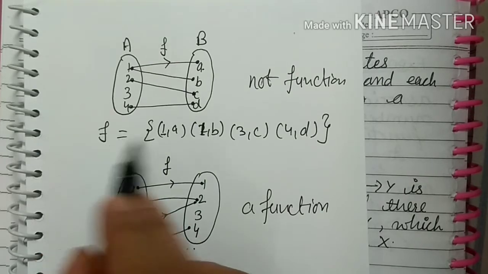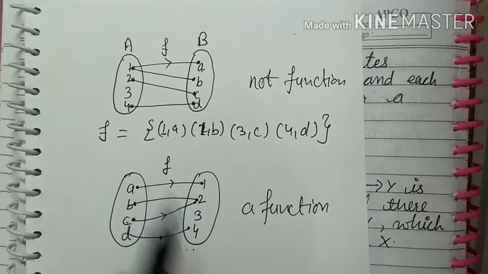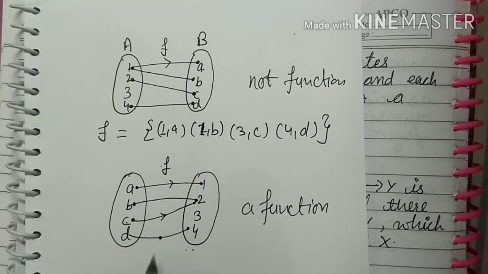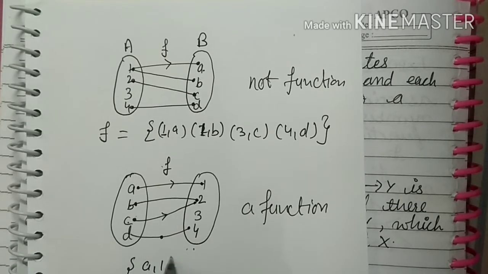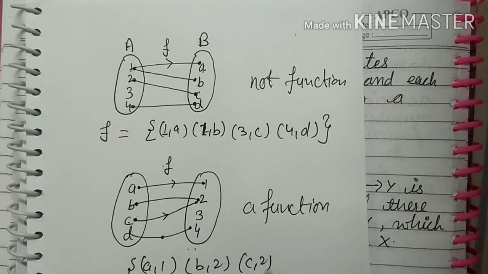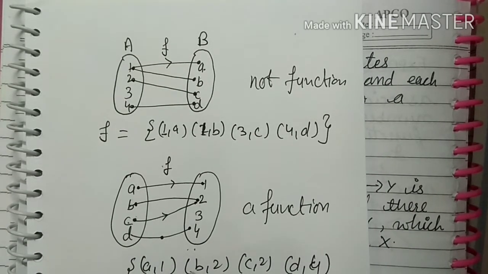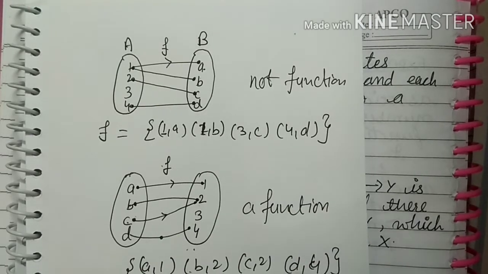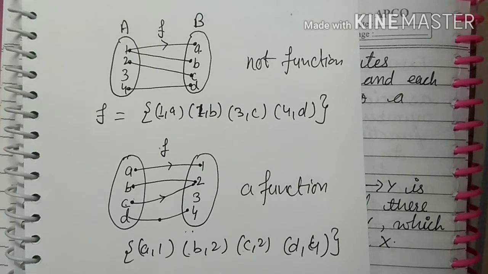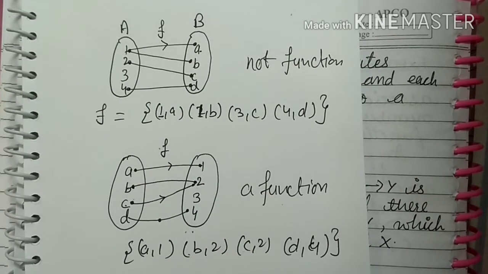So we can say that here f is not a function as two ordered pairs have the same first component. But this f is a function, as if we write this in the form of ordered pairs, we can see that all the ordered pairs have different first components, that is, the first component of every ordered pair is different. So this is a function and this is not a function.